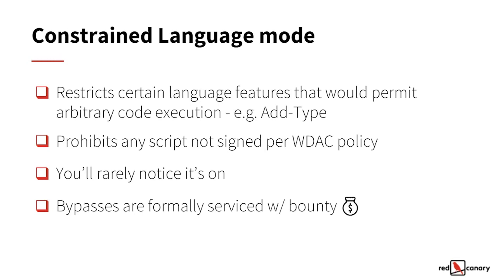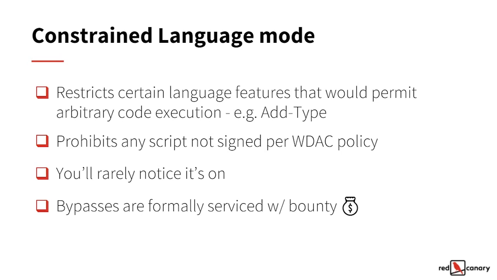But if you are one of those environments, and I personally run this on my personal machines, once you've developed a policy and your software baseline is stable enough to allow an application control policy to be placed into enforcement mode, you'll actually rarely notice that constrained language mode and the policy is even on in the first place.